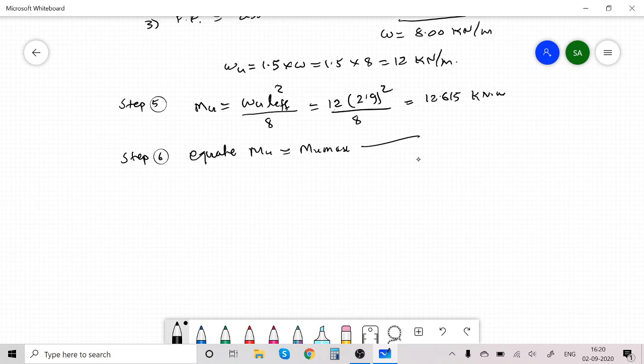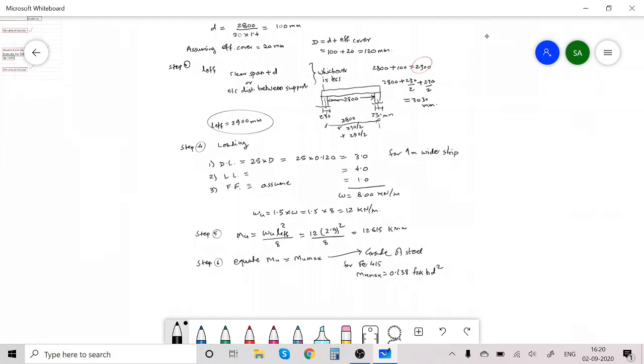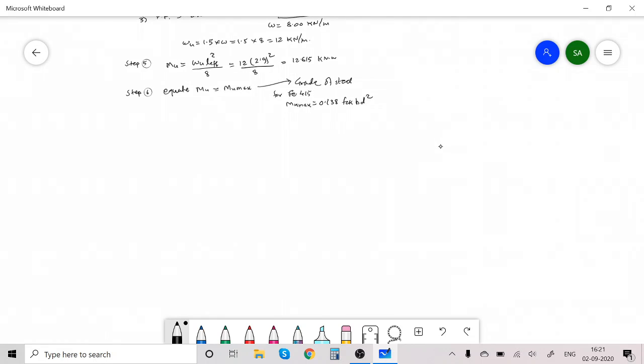Mu max depends upon grade of steel. Now here we are using Fe415, and for that Mu max, for Fe415 Mu max is equal to 0.138 FCK BD square. Now I will calculate the required D to resist this bending moment by equating these two.